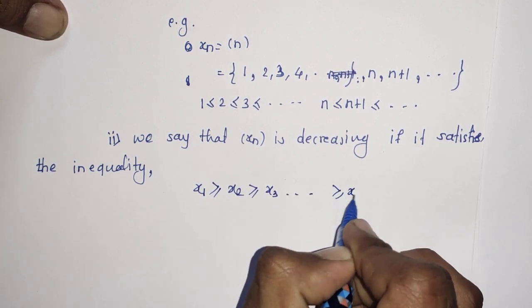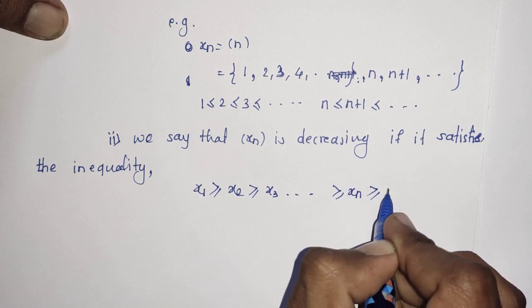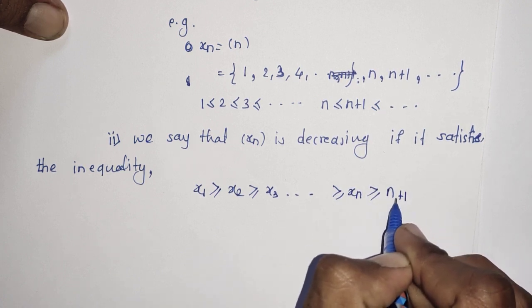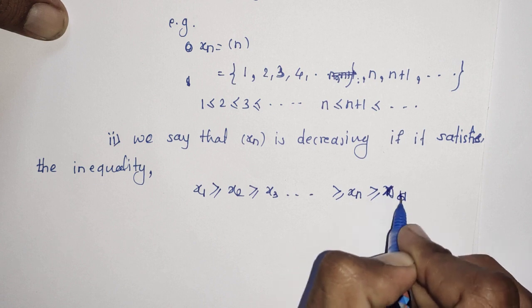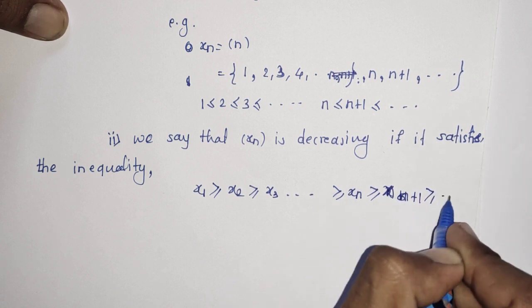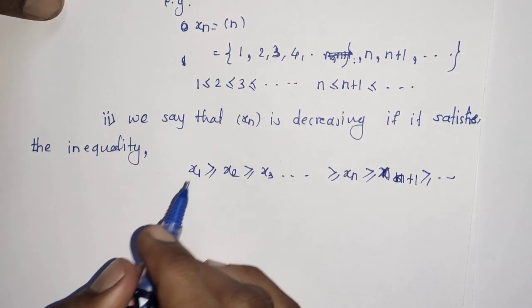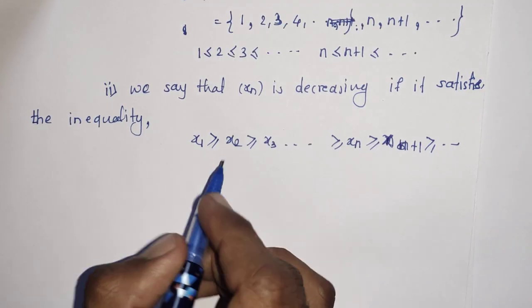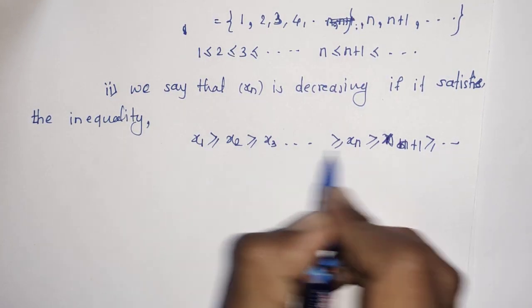That is, the nth term is greater than or equal to the (n+1)th term, xn plus 1. This sequence is called a decreasing sequence, that is, the first term is the greatest among the remaining terms.